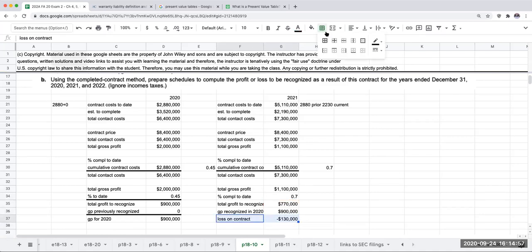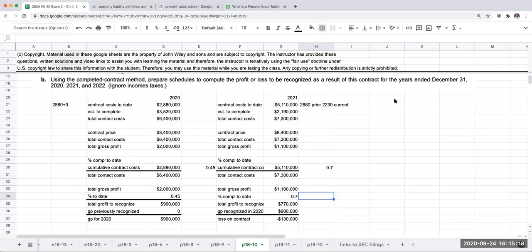This is a very, very important concept. If I run into a loss, even though I'm not really running at a loss, but if I run into a loss and I previously have recognized gain, I need to recognize that loss immediately. So here, I'm going to be recording this loss on contract, okay?